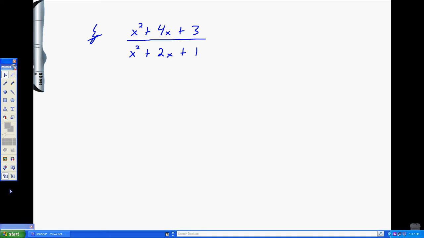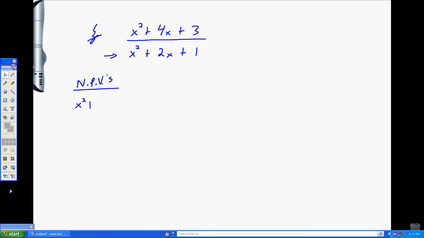There's a perfectly good example. So you've got a rational polynomial expression. Where this graph exists, we don't know, but an easy way to find where it isn't is to find the non-permissible values. Again, the denominator cannot equal 0.